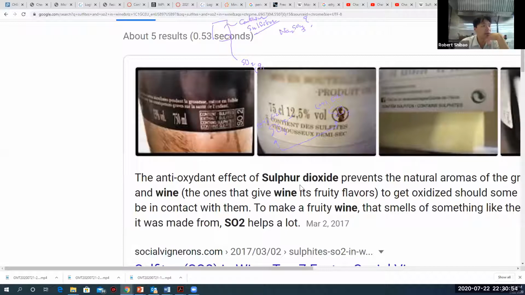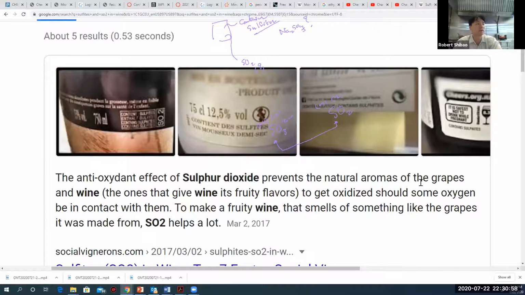The antioxidant effect of sulfur dioxide prevents the natural aromas of the grapes and wine from getting oxidized, should some oxygen come in contact. And the wine I bought in Joshua Tree, actually Yucca Valley, didn't have enough sulfites because the sulfites were the limiting reagent. If there was plenty of sulfites in there, then the oxygen that leaked in could attack the sulfites or sulfur dioxide and oxidize that.